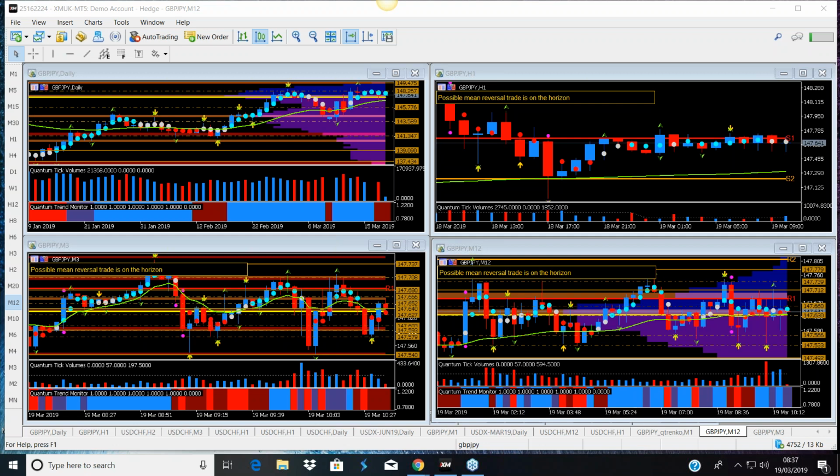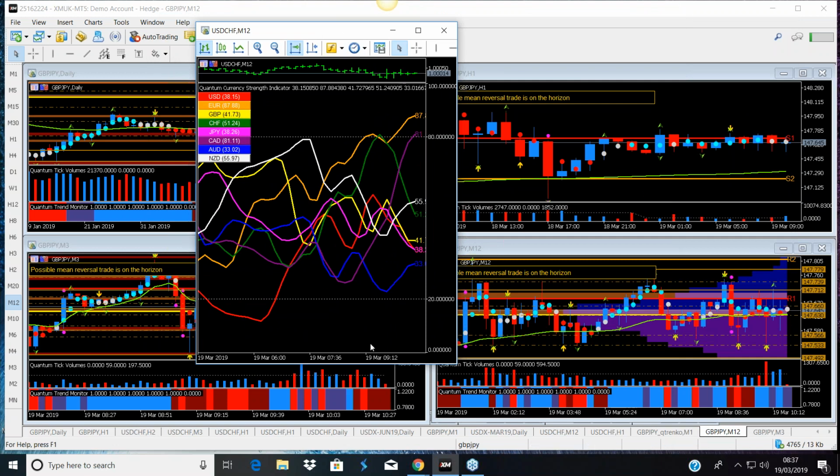Okay, as I said, this morning has been a nice sell on the Japanese yen, because the market sentiment seems to be positive.